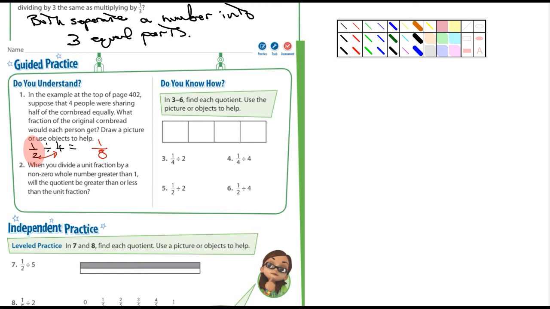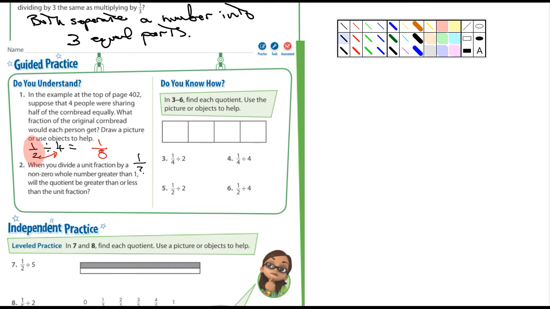All right? Number 2, when you divide a unit fraction, remember, unit fraction is any fraction with a 1 as the numerator, by a non-zero whole number, so they're just talking about a whole number, anything but 0, greater than 1.